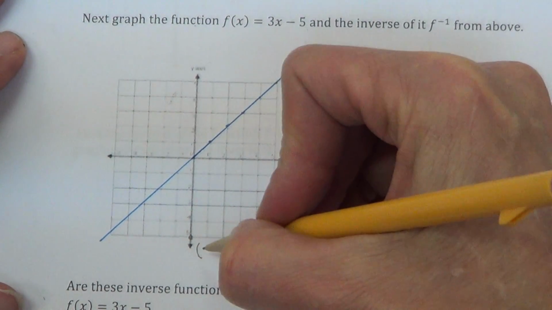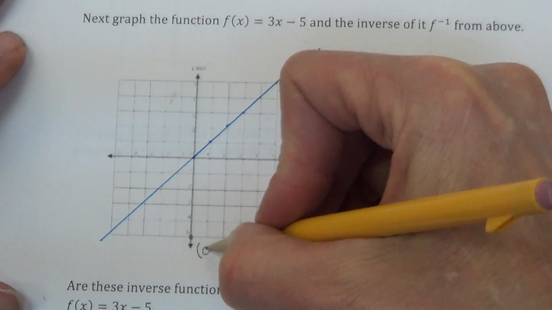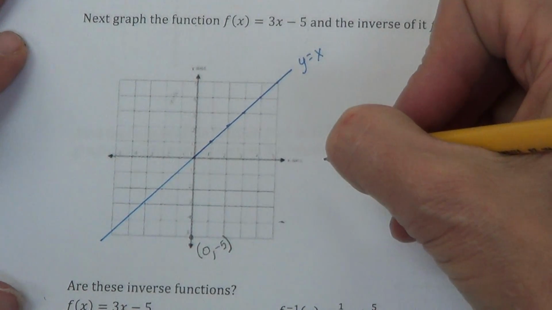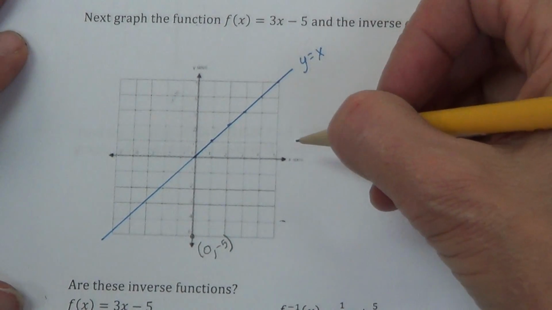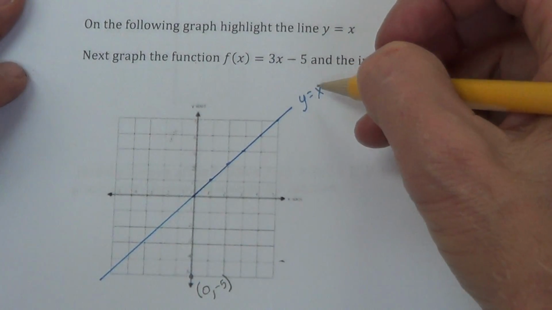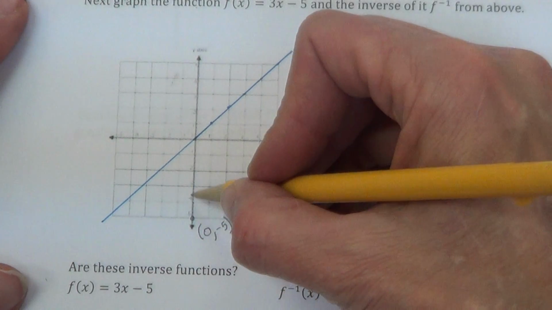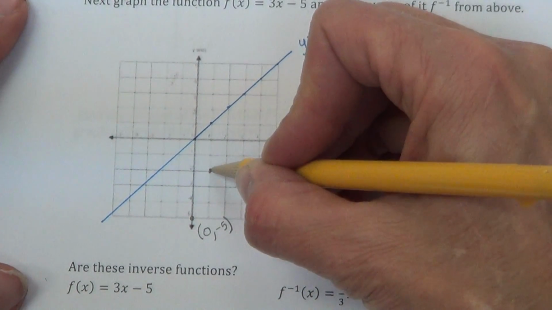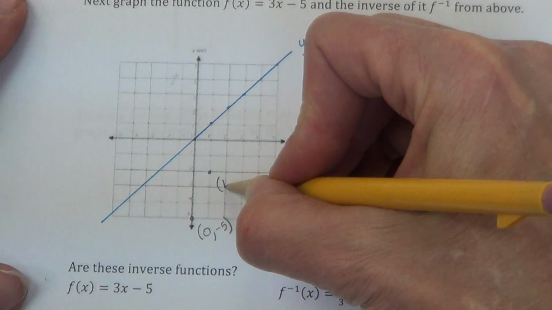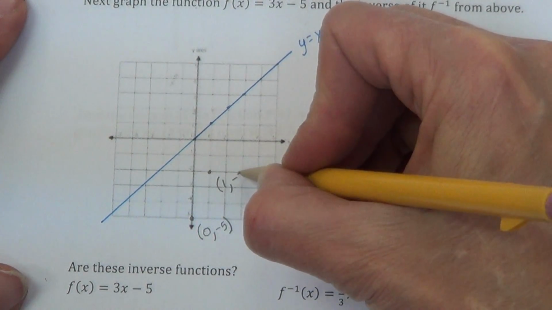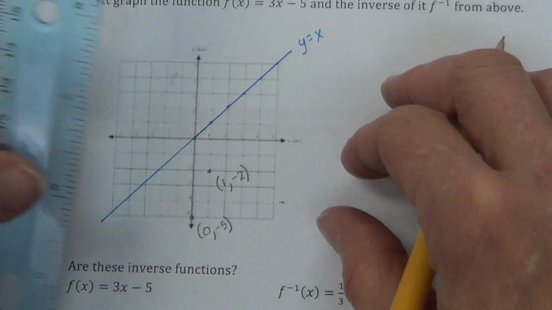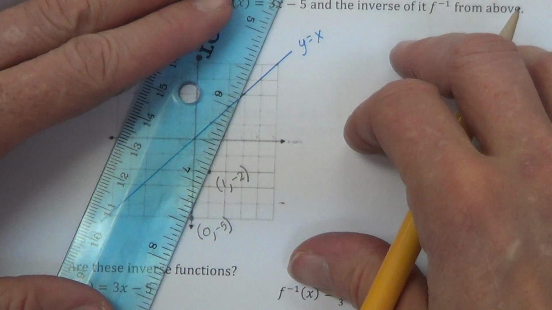Let me put that as 0, negative 5, just to make it easier for when we find inverse points. Okay. Now the next thing is our slope is 3/1. So from this point we rise 3 and run 1 to the right. That point is 1, negative 2. Okay. So with 2 points on a linear graph, that's enough to graph those.